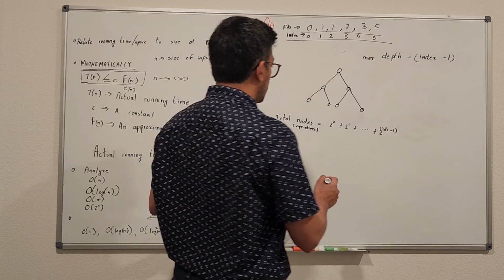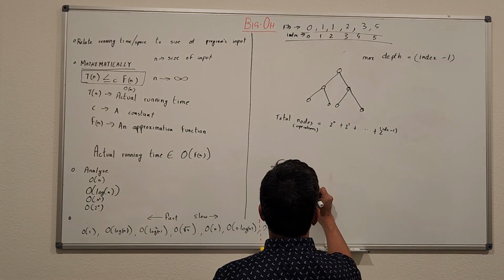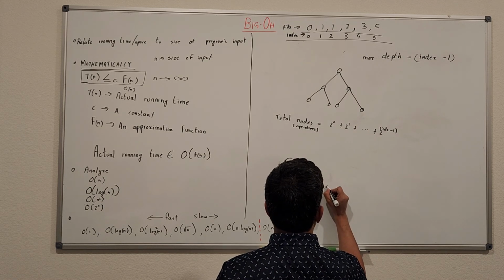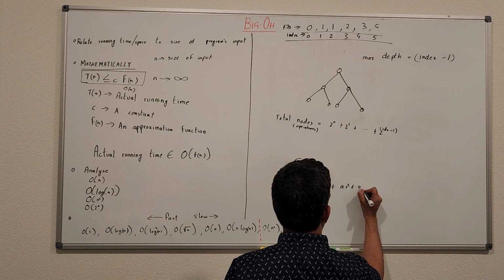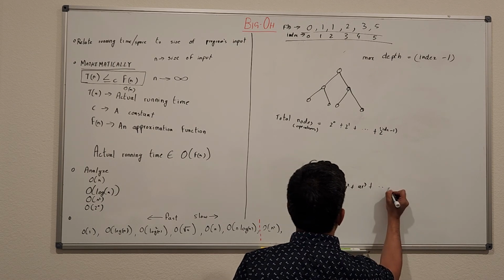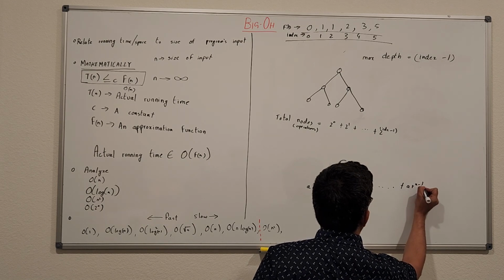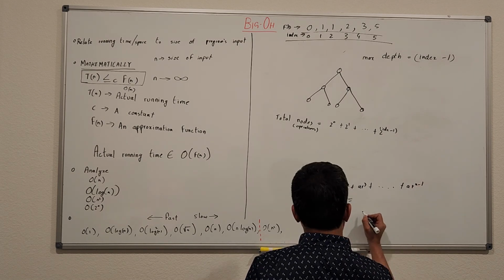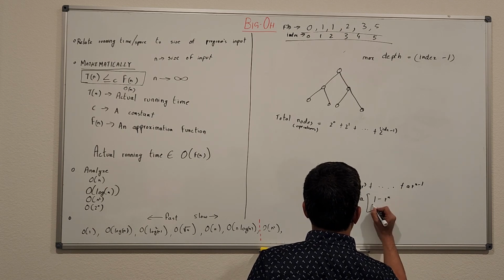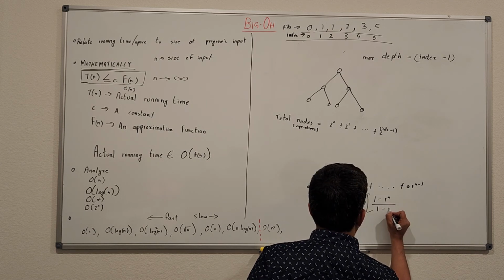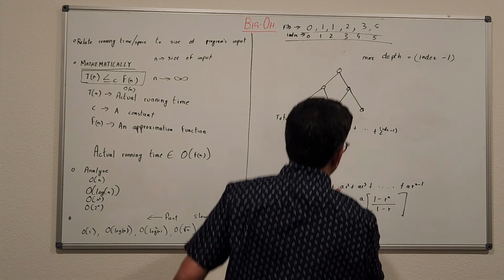Basically what a geometric series says is a plus ar plus ar square plus ar cube plus dot dot dot plus a into r raised to n minus 1 is equal to a into 1 minus r raised to n over 1 minus r. So this is the formula for a geometric series, which is similar to this one.